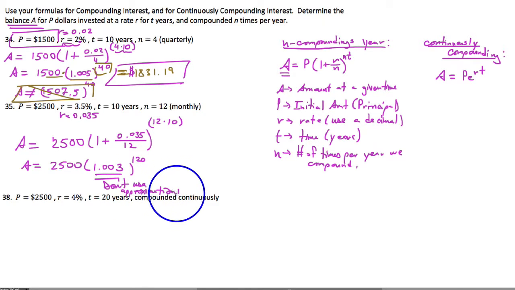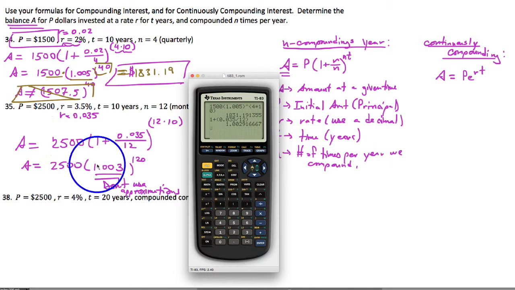So what we're going to do is say that since this represents what's in the parentheses, the next thing I want to do is raise my answer that I just got to the power of 120. And so by doing that, we get 1.003 to the 120. We get what we're going to take next times 2,500. Not about 2,500. We get about this 1.418-ish.